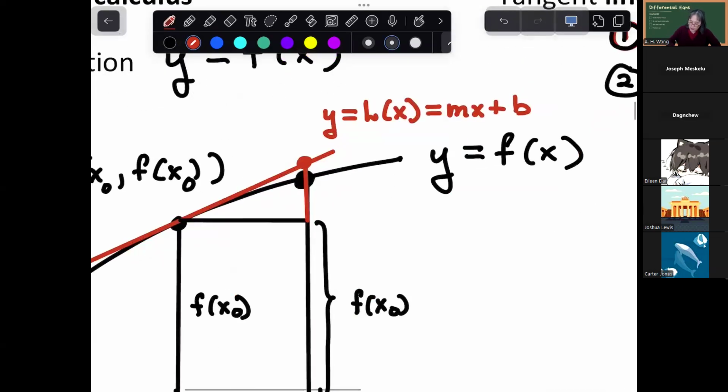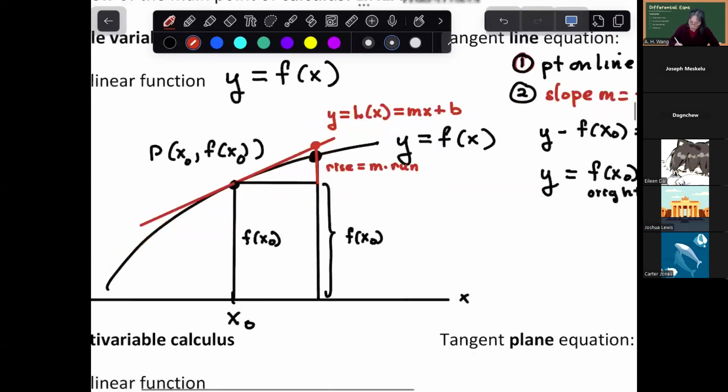So it's rise over run. And you know what rise is, right? So rise over run is equal to slope times the run. And what is the run? Well, if you go over by x right here, and you have 0 over here, it's this minus this, right? So this is x minus x naught. That's the run.